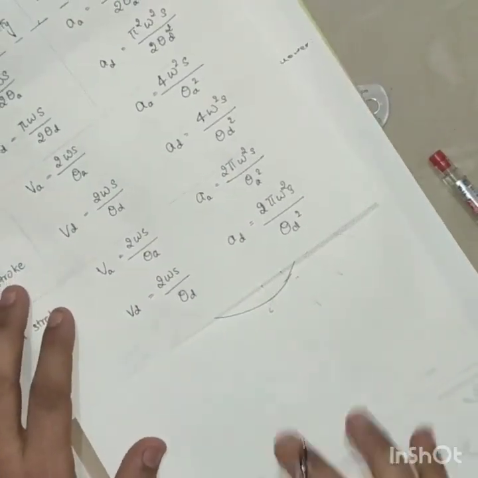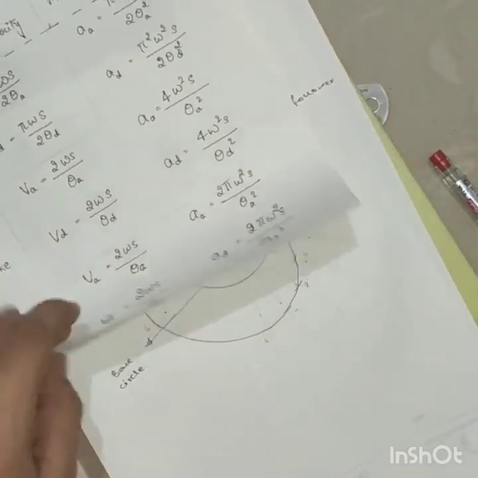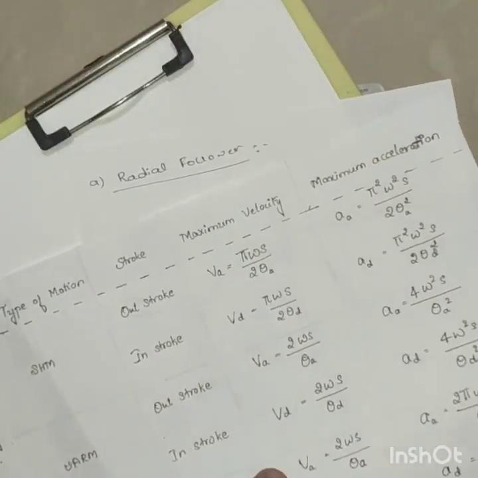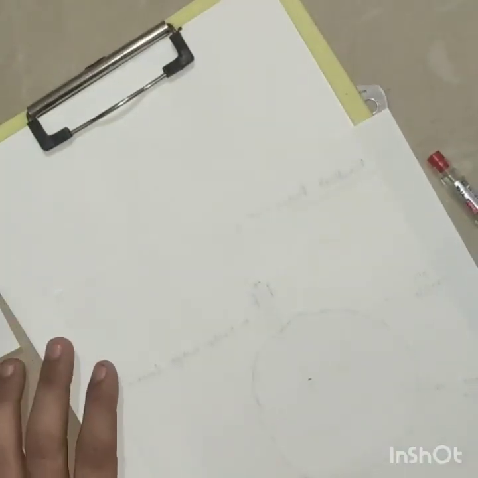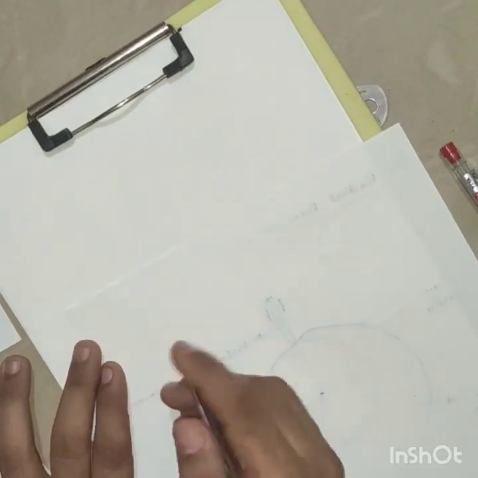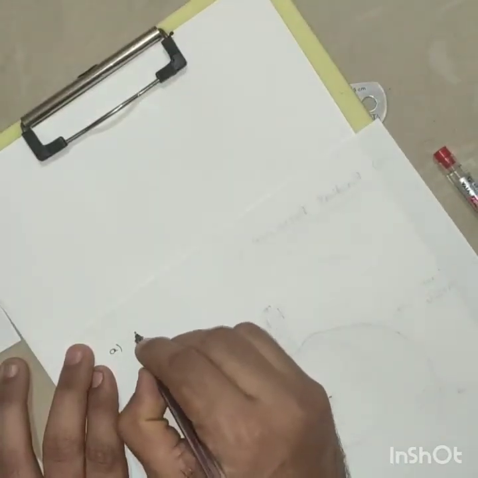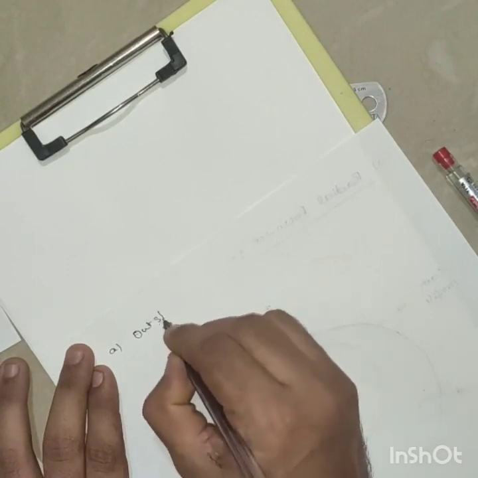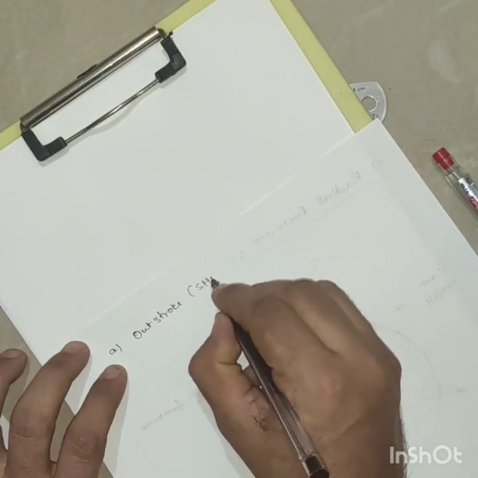Here I'll write, first one is outstroke, that is simple harmonic motion.